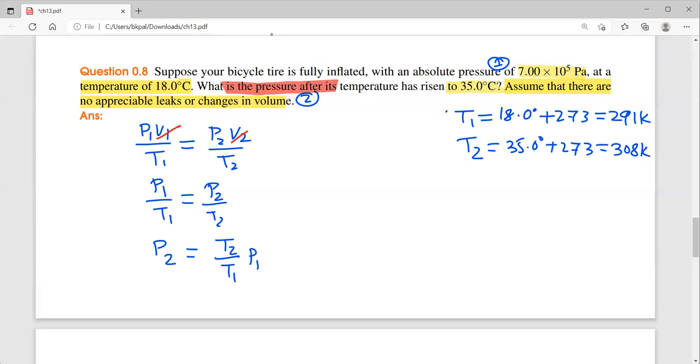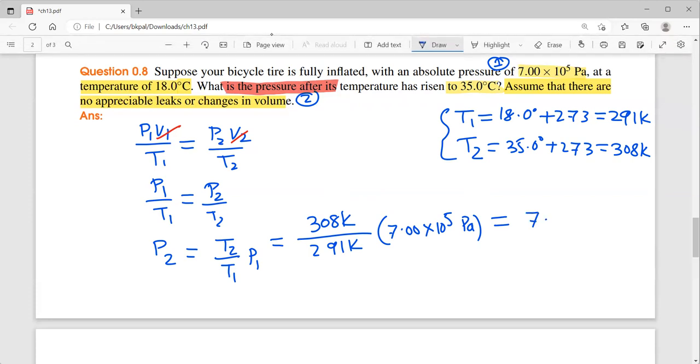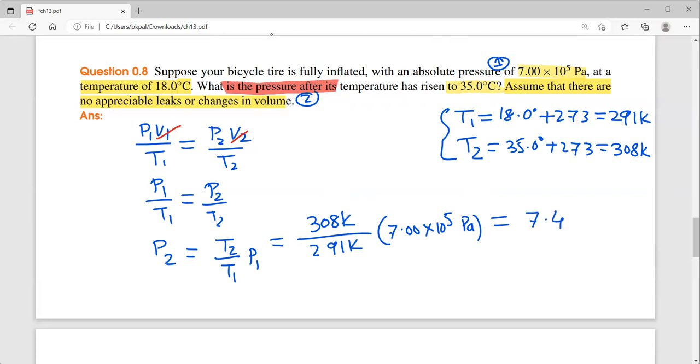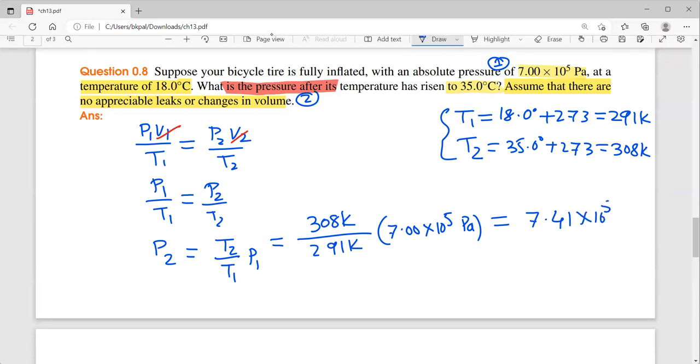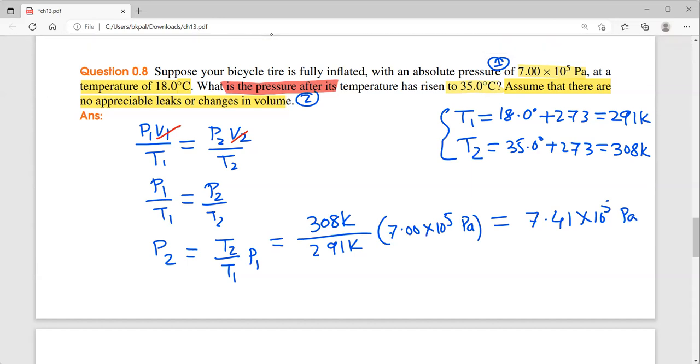So make sure you change your temperature into Kelvin. So 308 Kelvin over 291 Kelvin, and the pressure is 7 times 10 to the power 5 Pascal. If you plug these values into your calculator, it should give you a pressure of 7.41 times 10 to the power 5 Pascal.